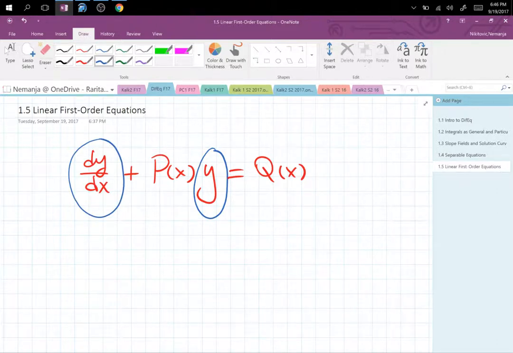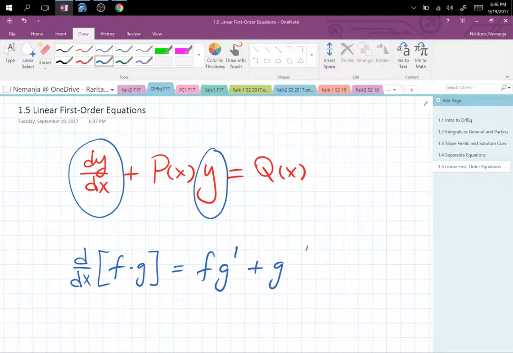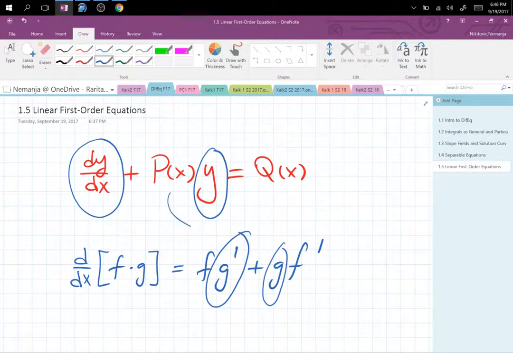Now, if you recall the product rule formula from Calculus 1, we know that the derivative of f times g was f g prime plus g f prime. Observe that you have the same behavior, that you have a derivative and a function, which means that this p of x is this f prime.